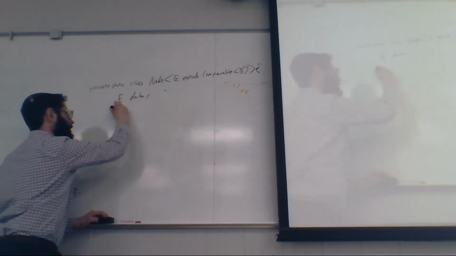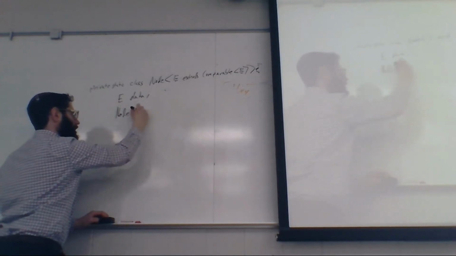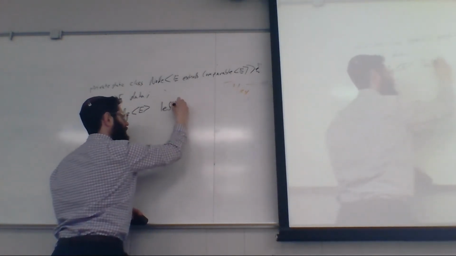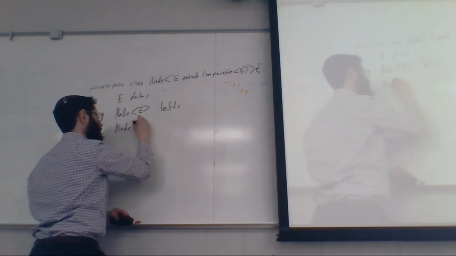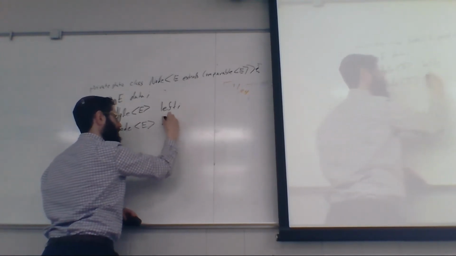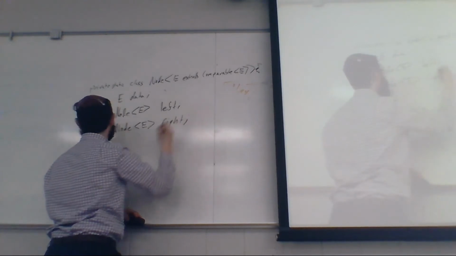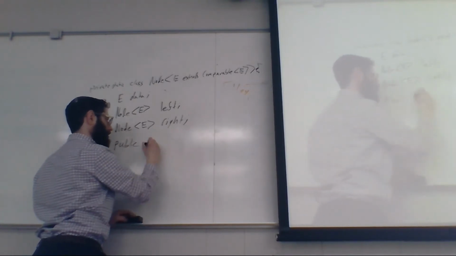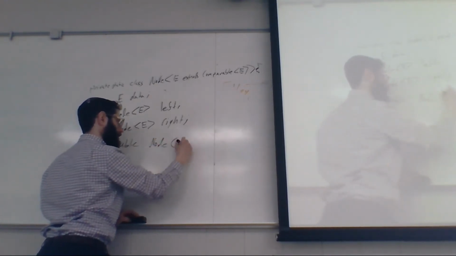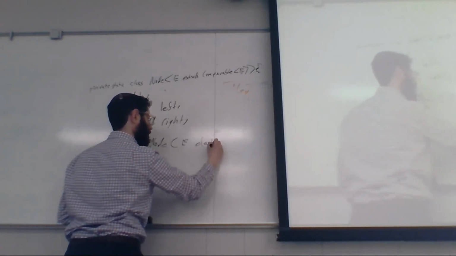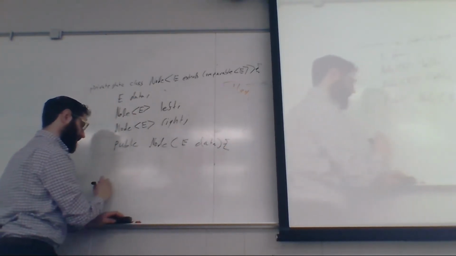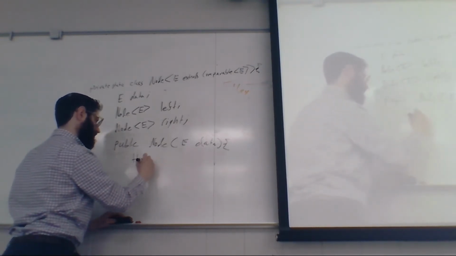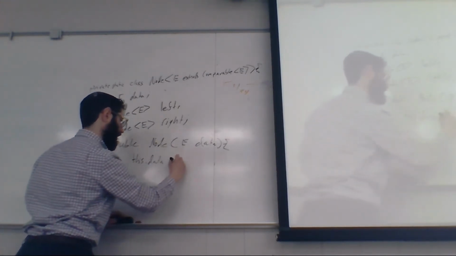Then we're going to have a Node E, and rather than calling it previous or next, I'm just going to call it left, and Node E right. I would use the same constructor, which is public Node E data, or item. It's up to you. The name's just a name. this.data equals data.